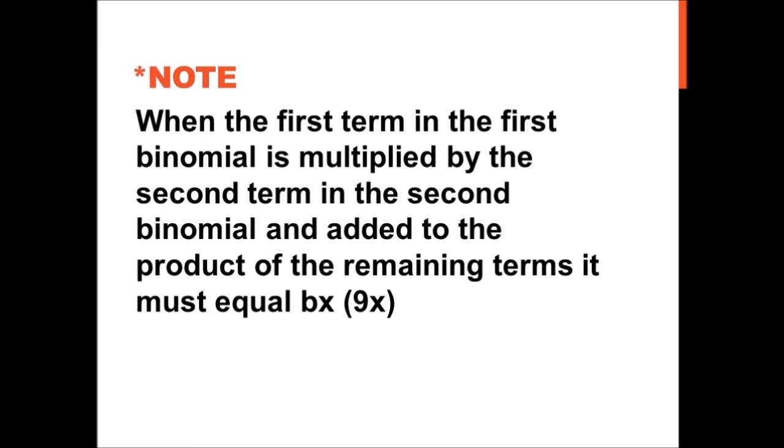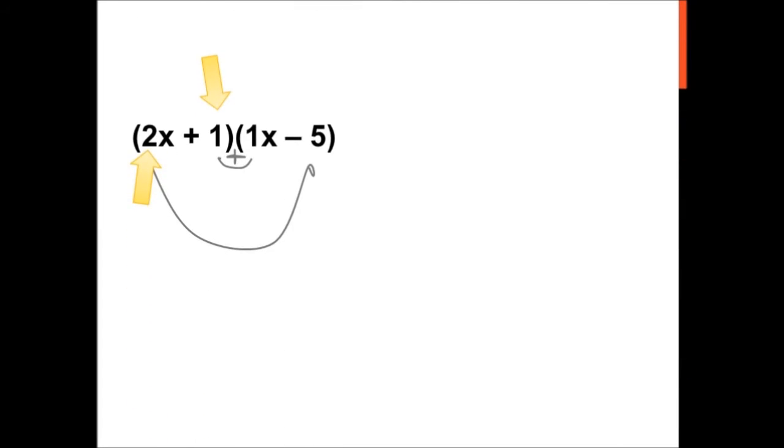Note, when the first term in the first binomial is multiplied by the second term in the second binomial and added to the product of the remaining terms, it must equal the middle term, which in this case is 9x. 2x times negative 5 is negative 10x. 1 times 1x is 1x.